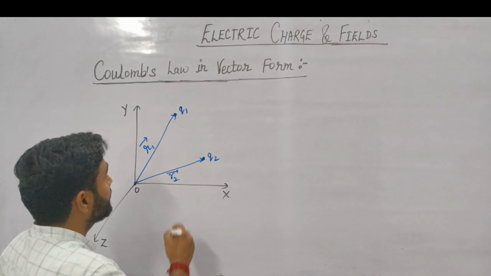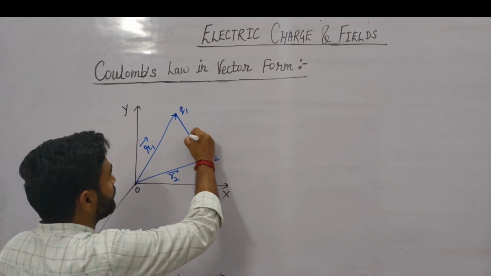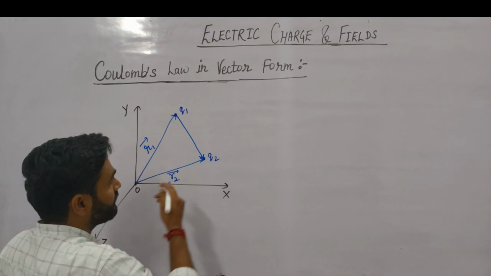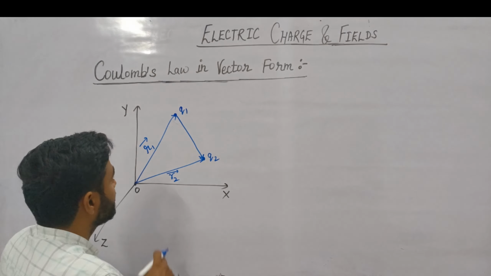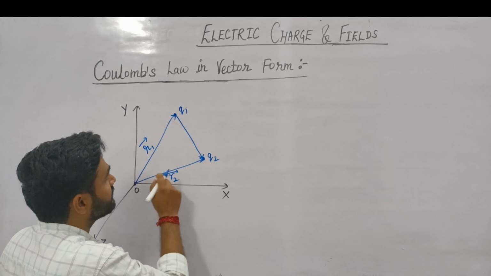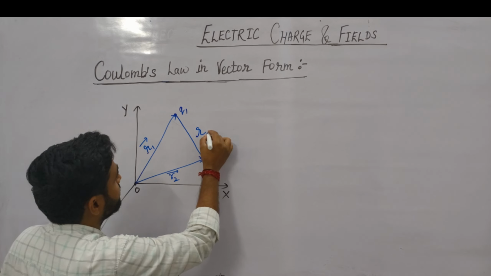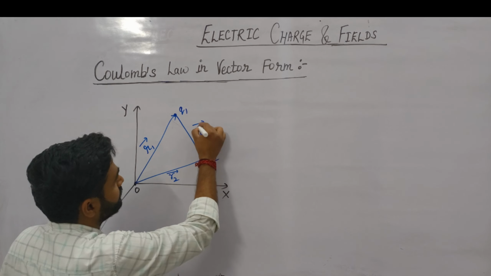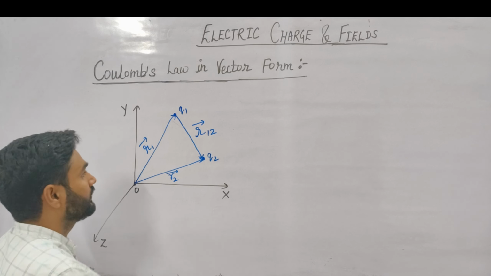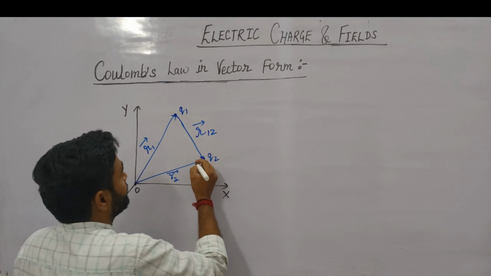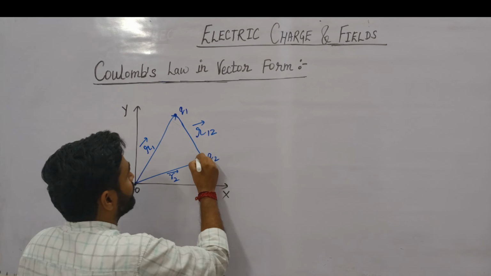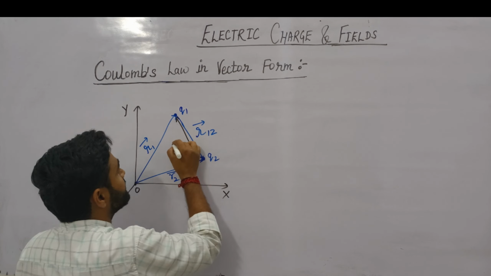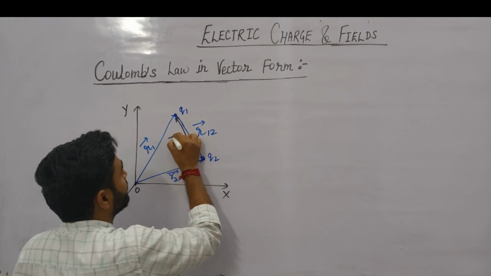Next, if we move from q1 to q2, then the resultant vector is r12. Done. So if we move from q2 to q1, then this distance will be r21.